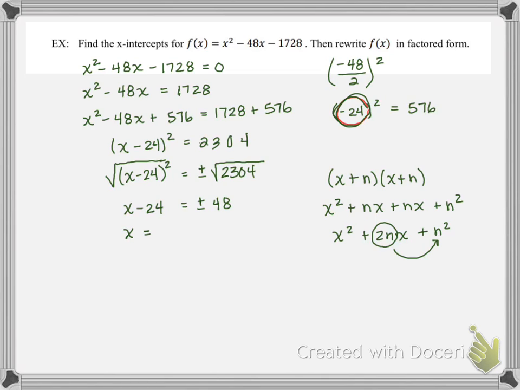So x is equal to 24 plus or minus 48. So we have 24 plus 48, which is 72, and then 24 minus 48, which is negative 24. So my x-intercepts are 72, 0, and negative 24, 0.